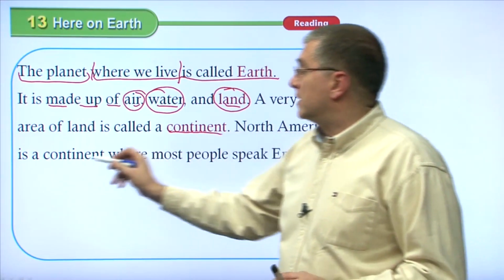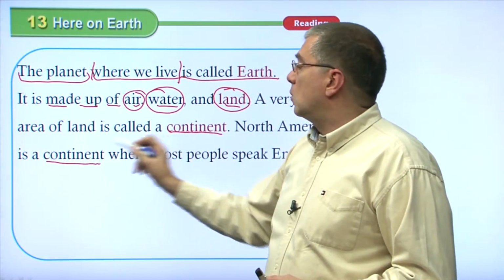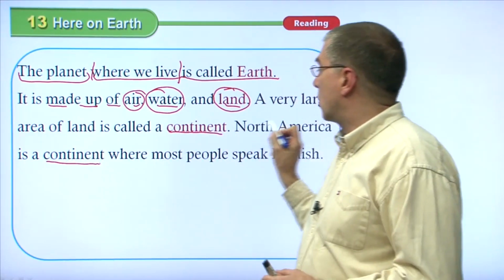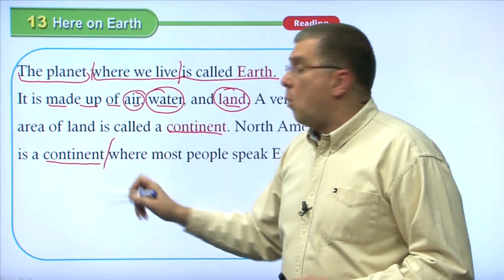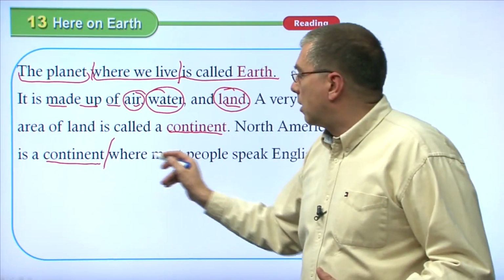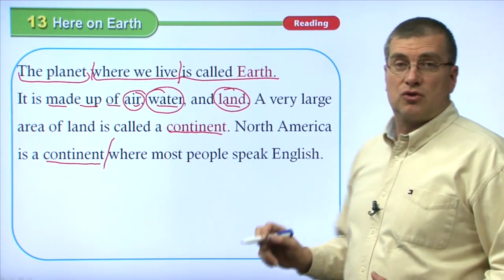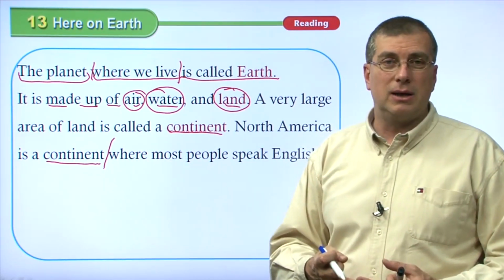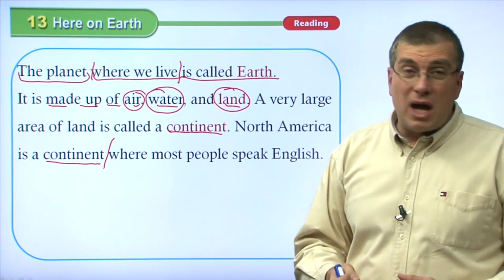North America is a continent, right? So what is an example of a continent? North America. What's unique about North America? Where most people speak English. True, Canadians and Americans speak English, but not everybody.